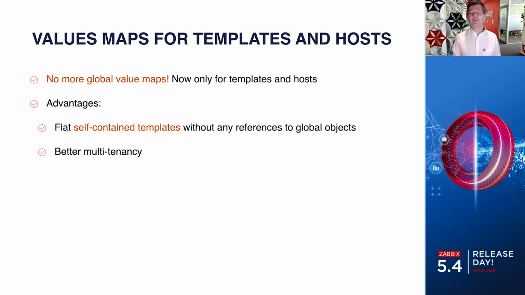Templates become truly independent. We just go to, for example, zabbix.com/integrations, we download a template to monitor, say, some Cisco device, and we are 100% sure that this template will work perfectly on my system because it doesn't affect any global systems. So it really helps multi-tenancy.